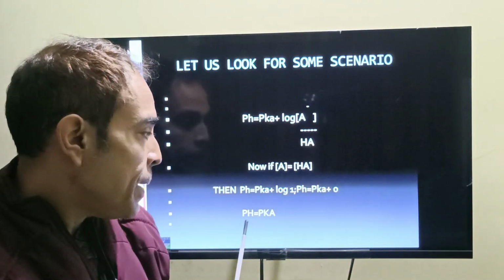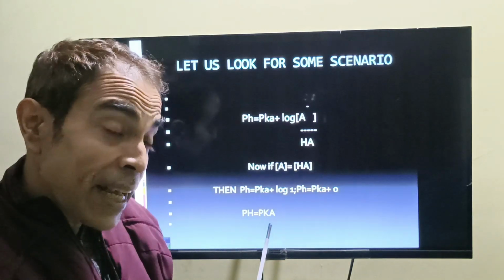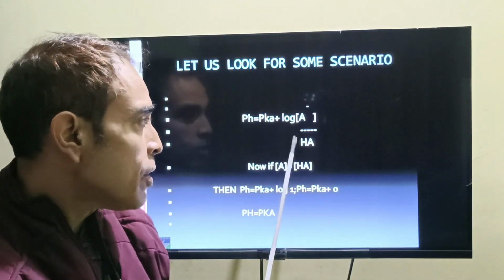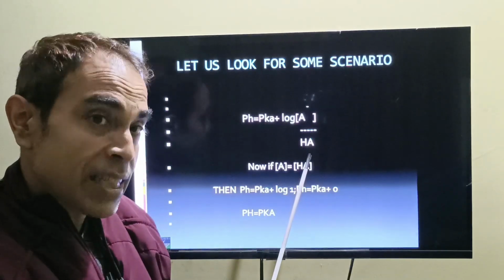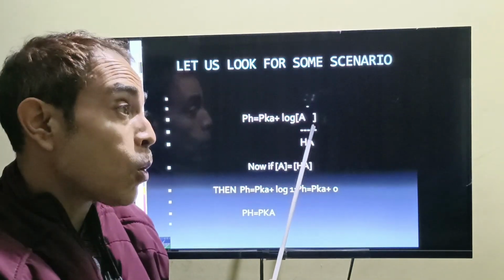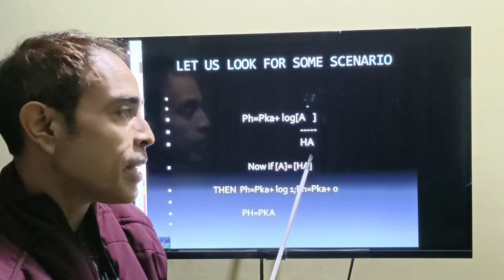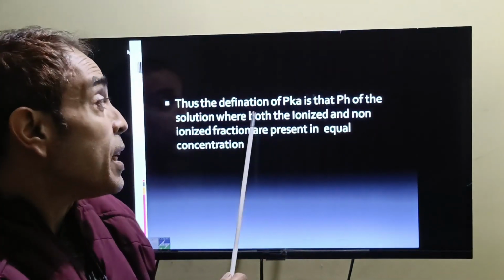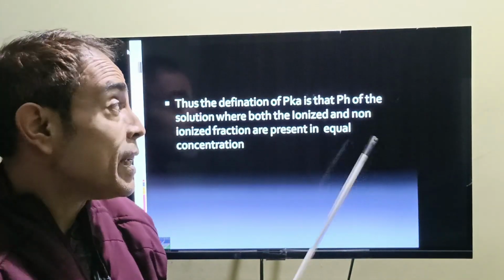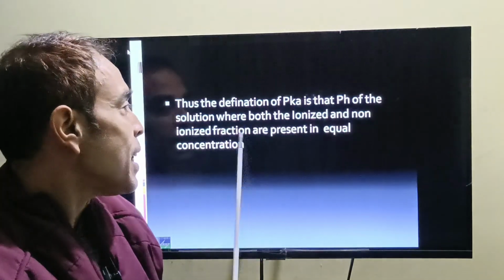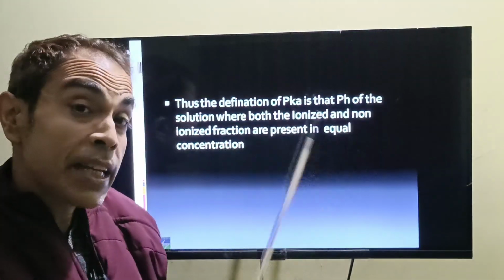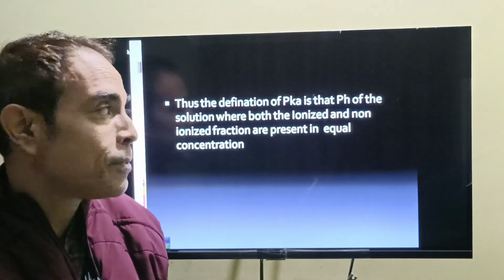That means the pH becomes equal to pK when the concentration of the ionized form equals the concentration of the acid form, or the conjugate base equals the conjugate acid. So the definition of pK is the pH of the solution where both the ionized and non-ionized fractions are present in equal concentration.